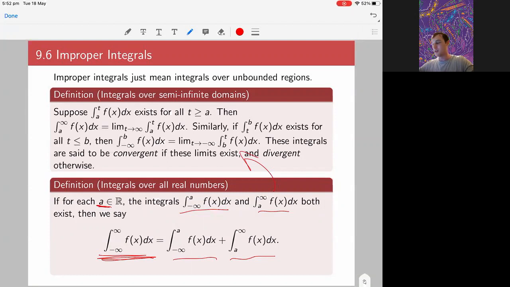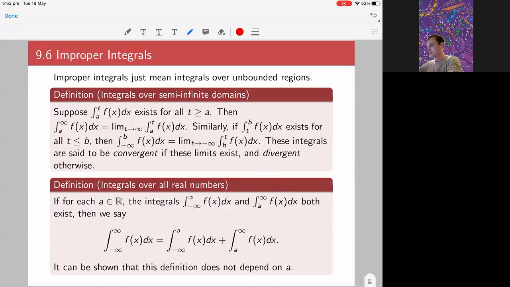The important thing to note is that this definition doesn't actually depend on a, as long as these two integrals are both convergent and f is sufficiently well behaved.